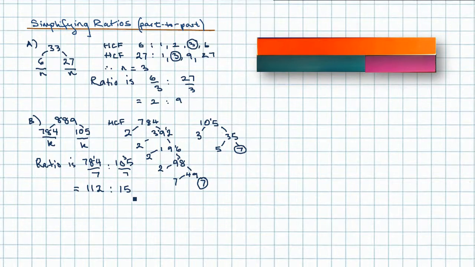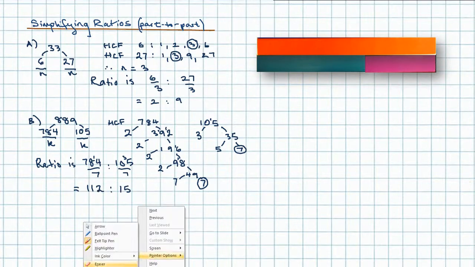So there we go, 112 to 15 ratio, and it's worth just checking because it looks like that might simplify. Could I divide that down any further? Would 3, for example, divide into 112? A simple divisibility check is when you add the digits together, 1 add 1 add 2 gives us 4, so we know it doesn't divide by 3.